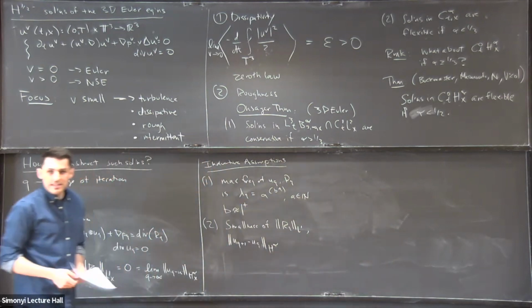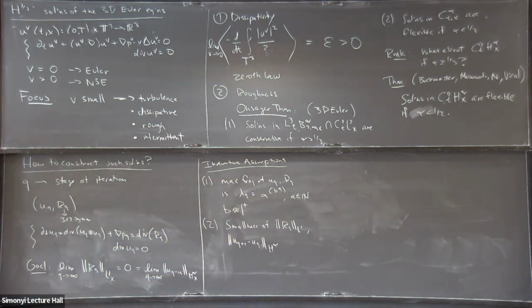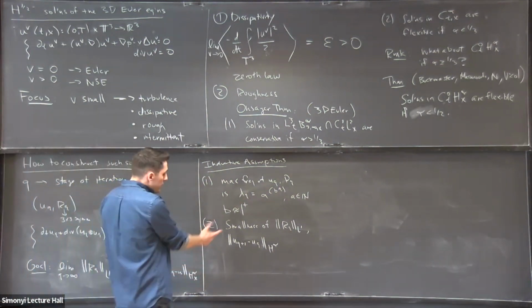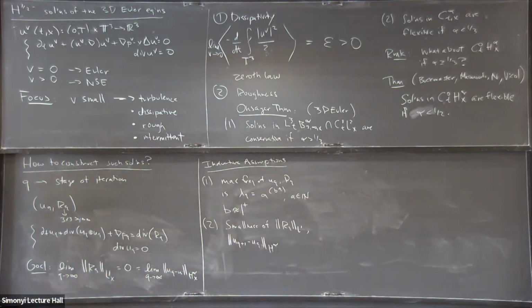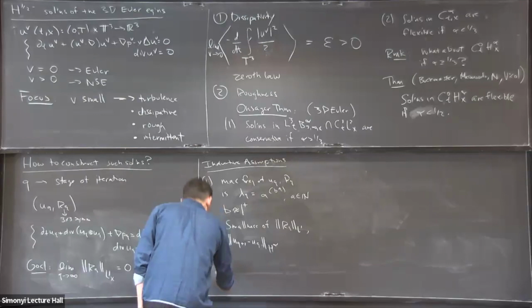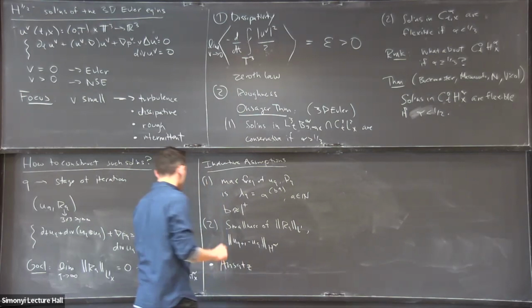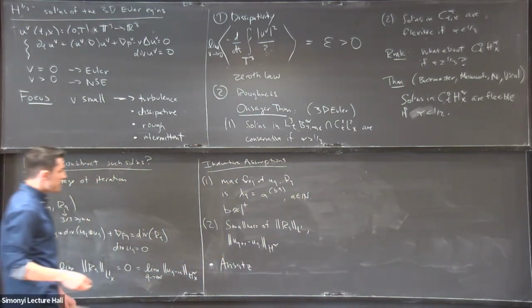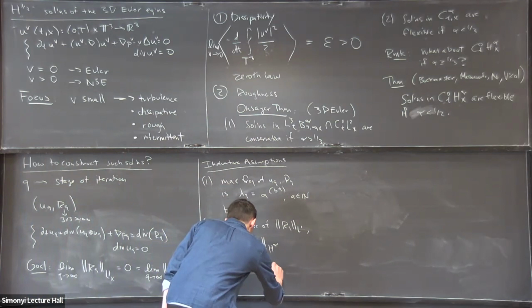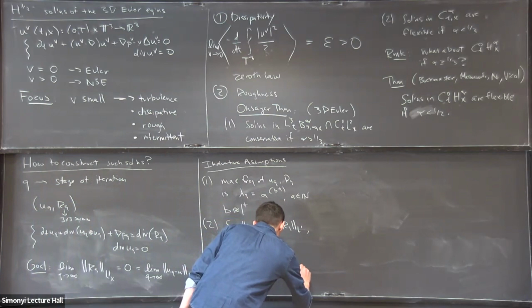And the smallness is quantified in terms of this parameter lambda Q, but the precise definition isn't important for me right now. All right, so these are my inductive assumptions, and I want to propagate them to the next stage of the iteration. And in order to do so, I work within an ansatz.